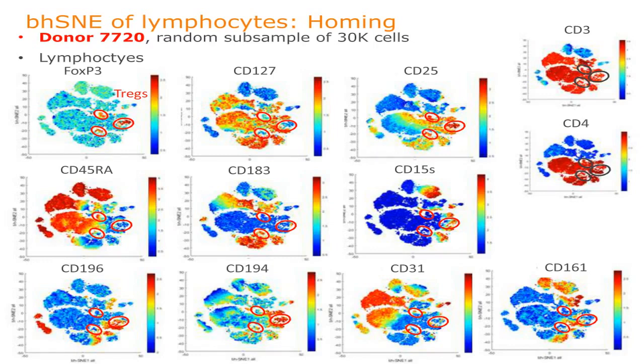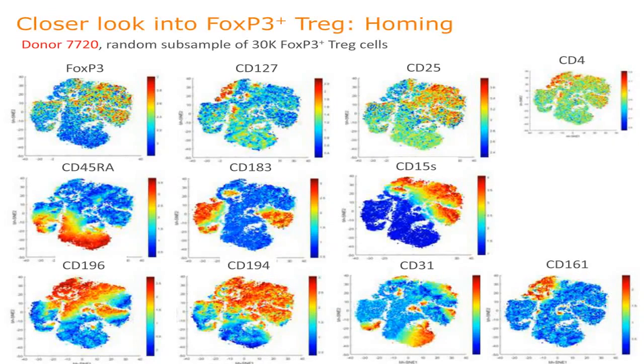And we'll go into those markers a little bit further, because we can now take a closer look specifically at the FOXP3 positive cells. So this is a random sampling of the FOXP3 positive Tregs, and then we look at the homing markers. Again, we can see that there's the CD127 expression and the CD25 expression. However, the proteins that are in here right now really clustered the cells differently than our activation panel.